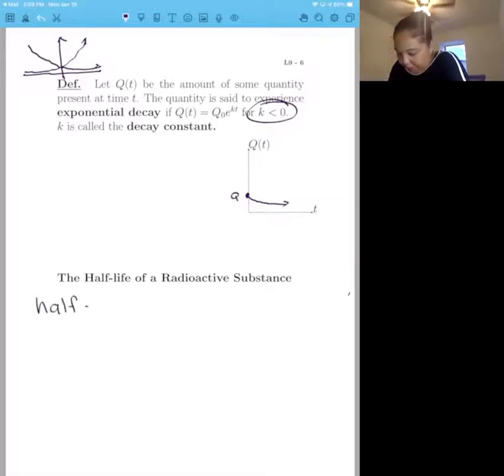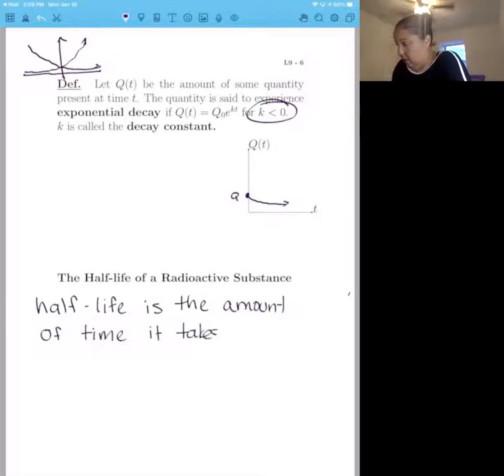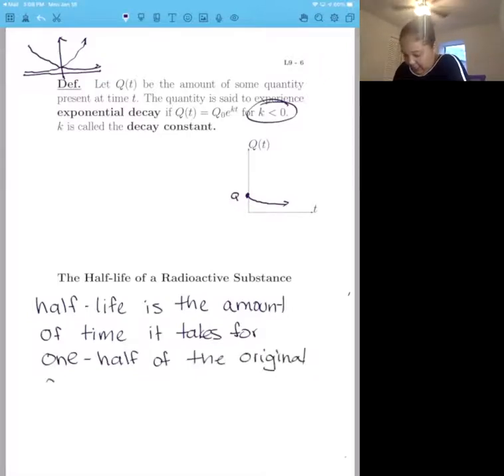Half-life is the amount of time it takes for exactly 1/2 of the original amount to decompose. So you'll see this a lot with carbon dating.